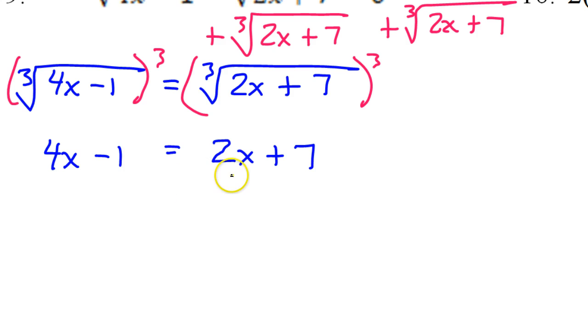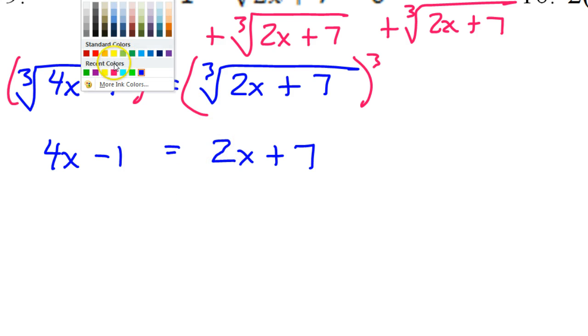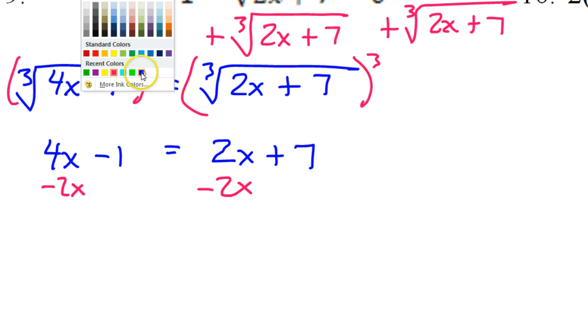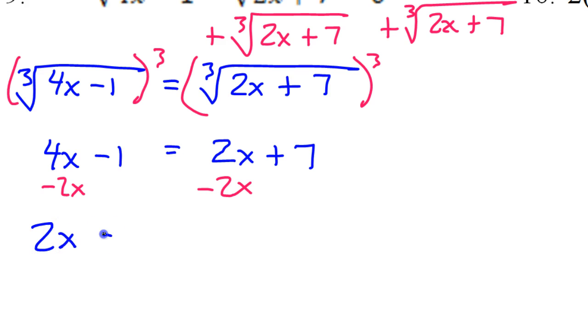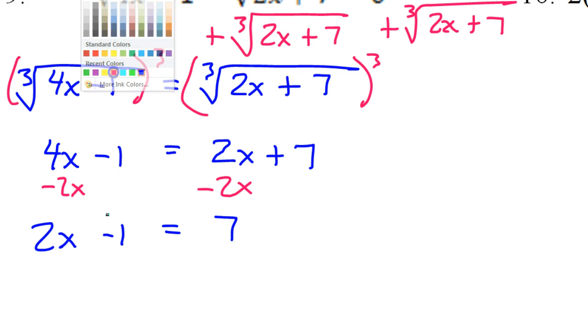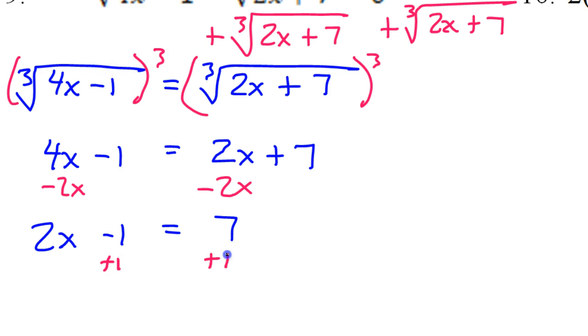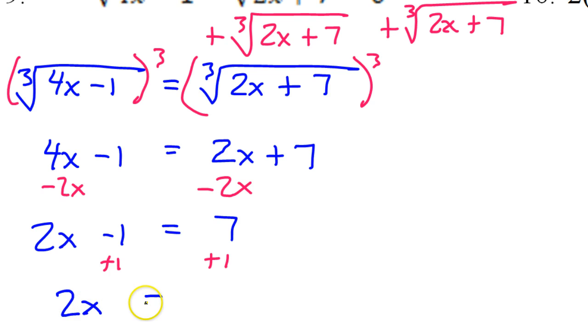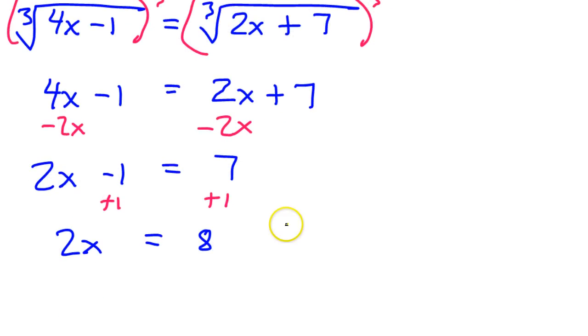Yeah, so let's keep going with this. Subtract 2x from both sides. So that'll give me 2x minus 1 is equal to 7. Add 1 to both sides. And that'll give us 2x is equal to 8.